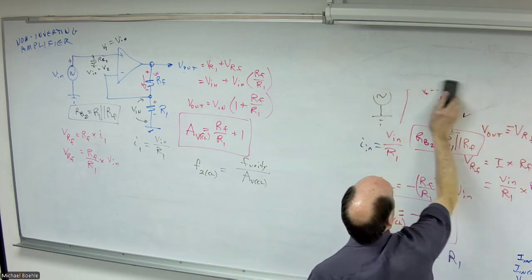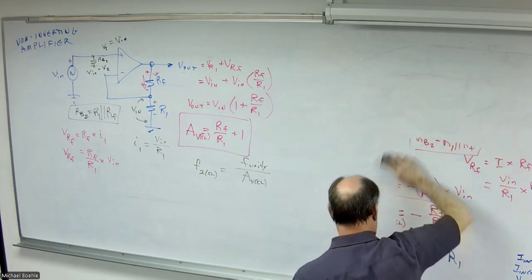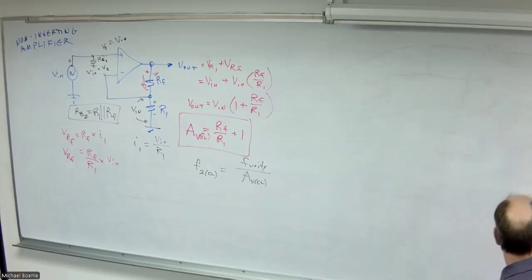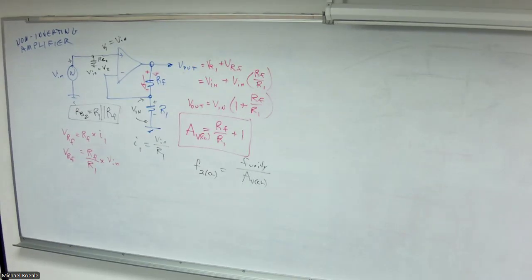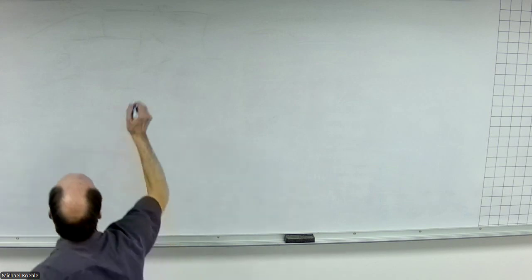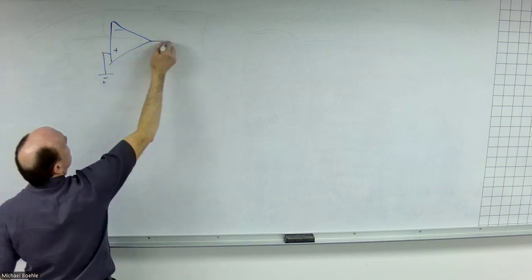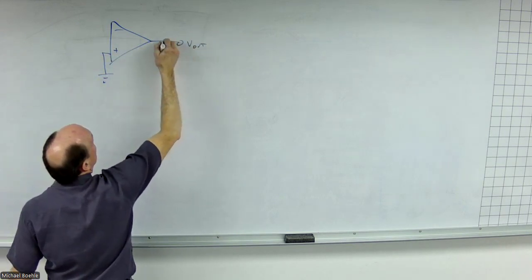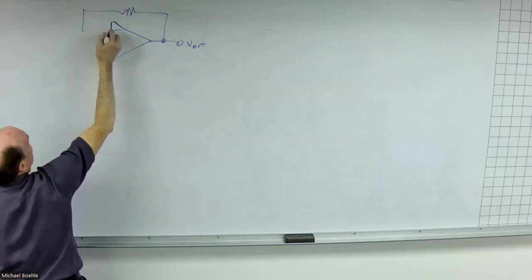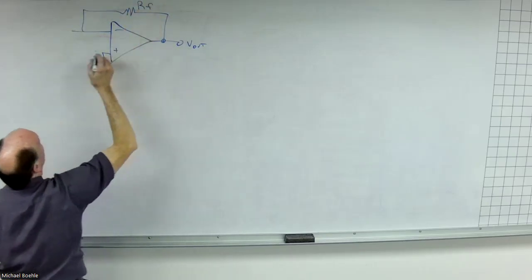Now, I'm going to make two small modifications to both of those circuits. For the first one, I'm going to take my inverting amplifier, with my feedback resistor.